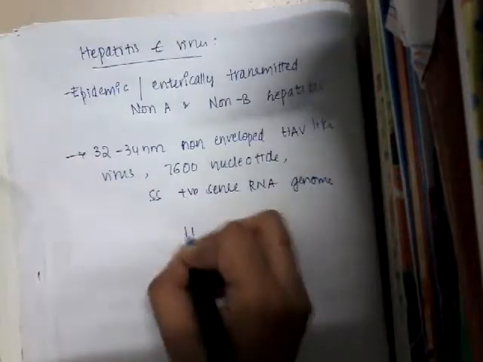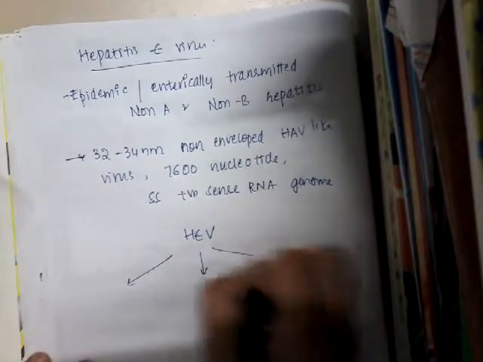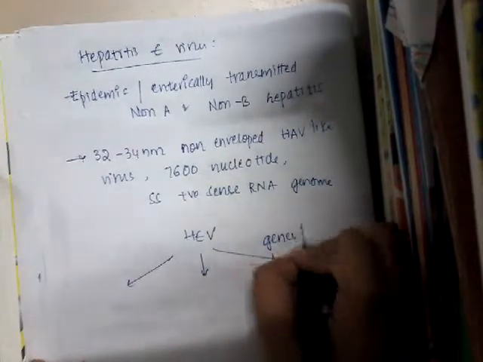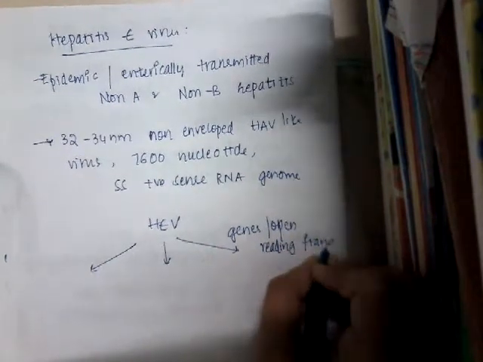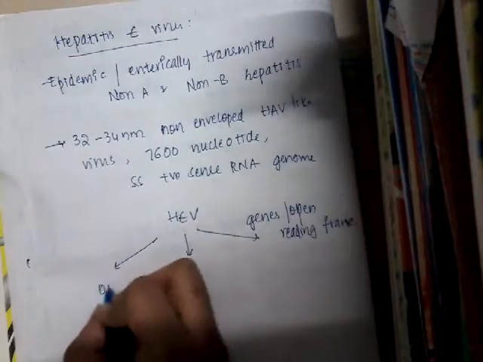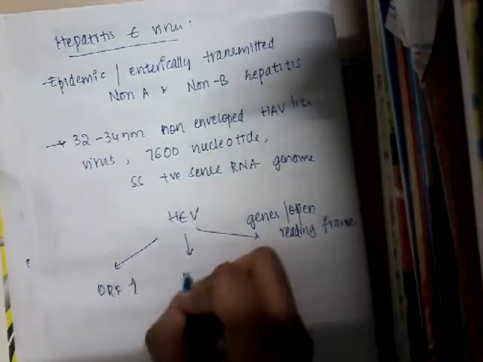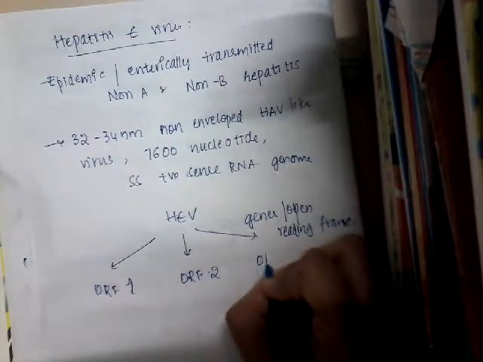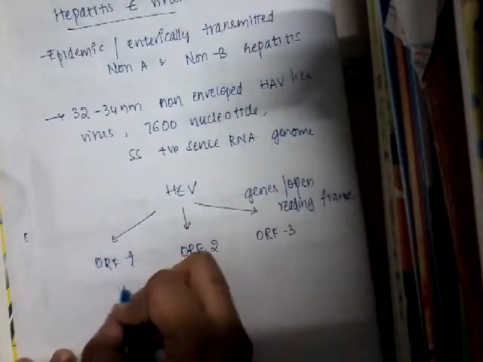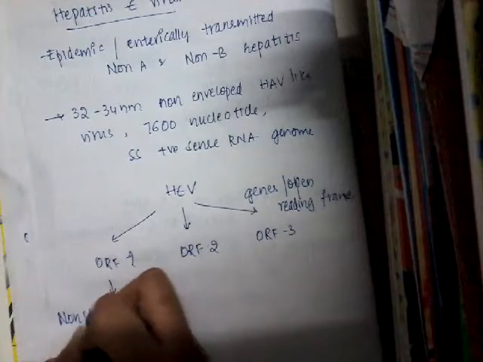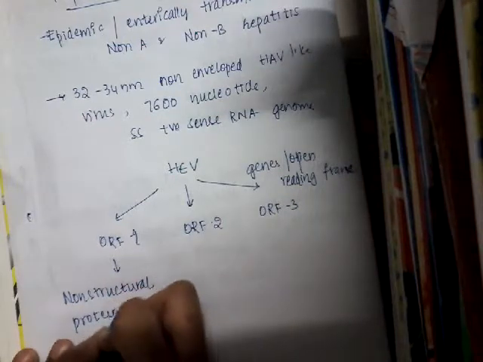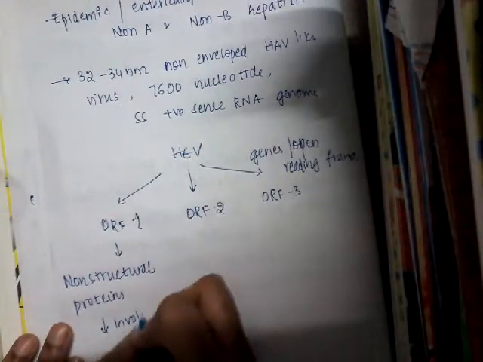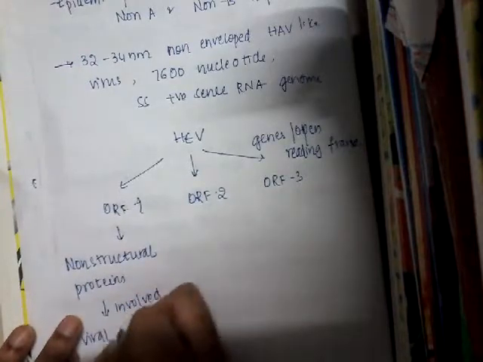HEV has mainly 3 genes or open reading frames. They include ORF1, ORF2, ORF3. ORF1 codes for non-structural proteins, which are involved in viral replication.